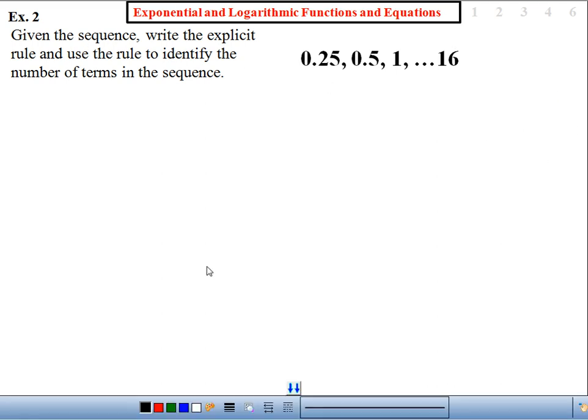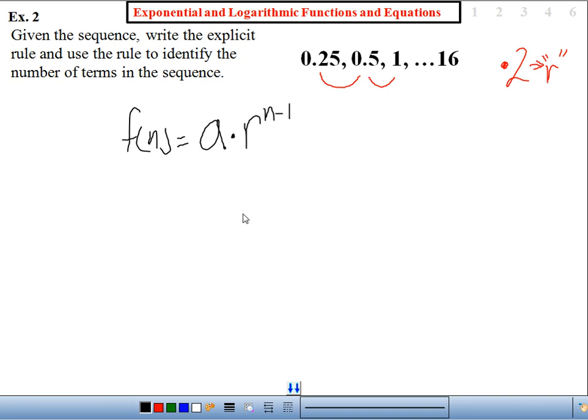So if this is a geometric sequence, what was the process? All right, so let's see again. What's happening from here to here, from here to here? Yeah, times 2. So we see that it is an r. All right, so if we write our explicit rule, we write f of n equals a for the first term times r^(n-1).